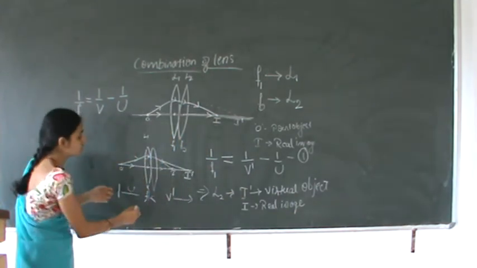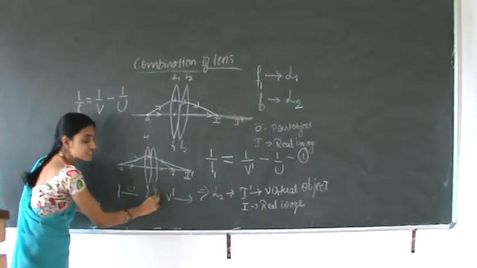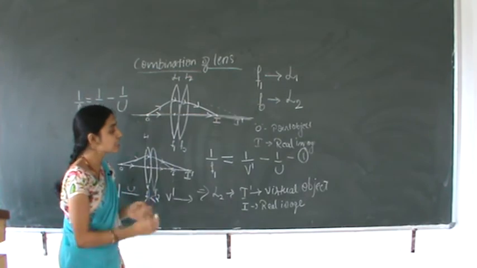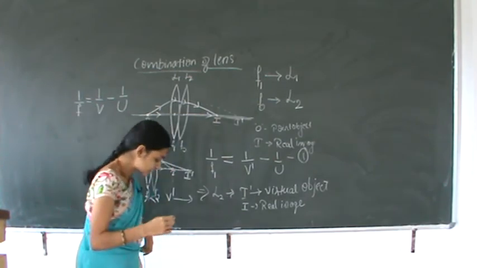Okay. So for the second lens, the focal length is f2.